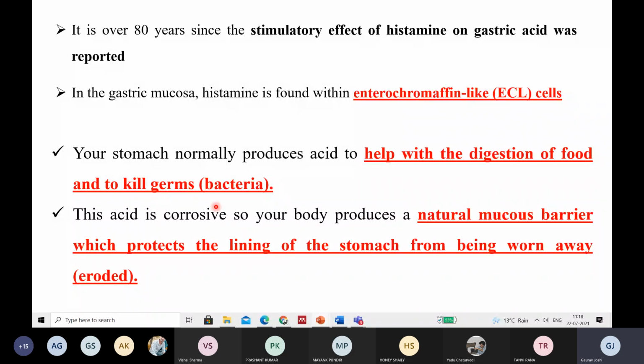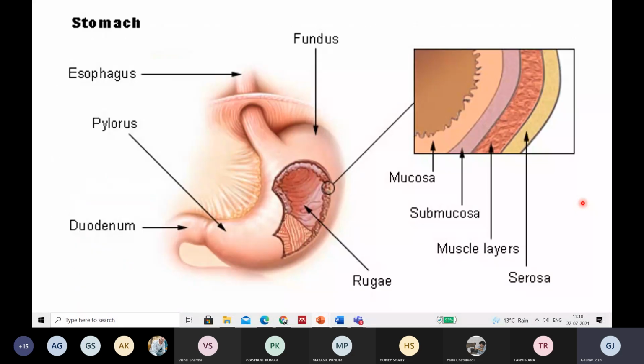But what is there in the stomach protecting it from this high-acidity acid? It is the natural mucus barrier, which protects the lining of the stomach from being worn away by the acid.